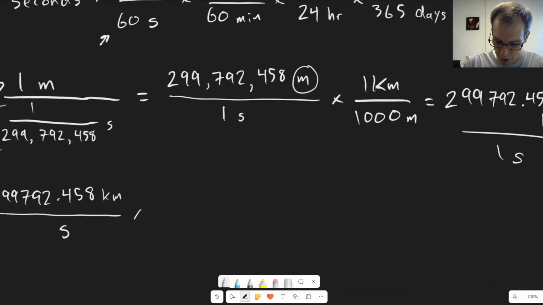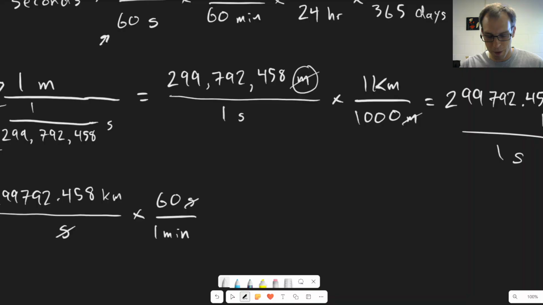That means we're going to have 60 seconds in 1 minute. And the way we can keep track of this, I should have done it here, is we can cross off the units. Our seconds cross off. Now, if we just did this step, we would have how many kilometers light travels in a minute. But that's not the question. The question is about a year.